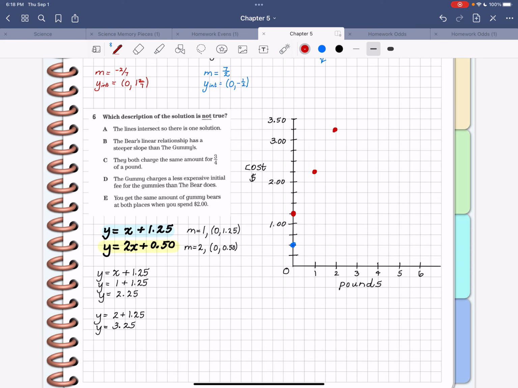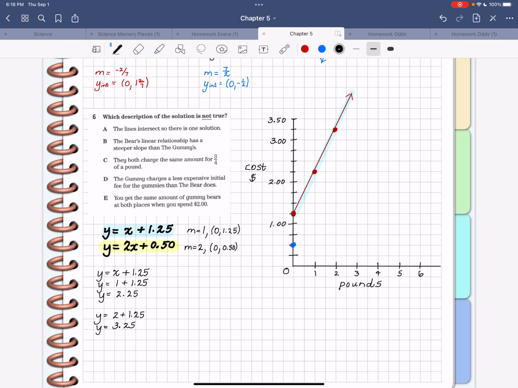So let's go ahead and graph this equation or this function. You can use either term in this case. That's pretty good. I'll just go ahead and leave that one there. And that one is representing the gummy. That is the blue line, the blue highlighted line.